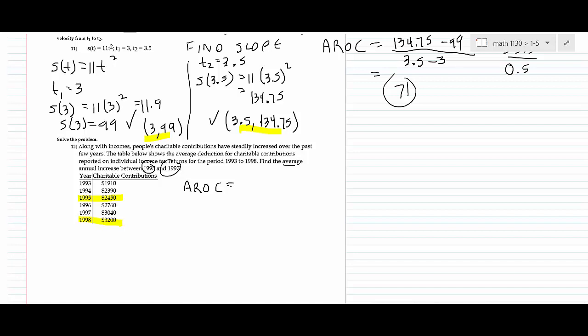So what you want to do on this is just do 3,200 minus 2,450, and then divide by 1998 minus 1995, and just use your calculator to get the value.